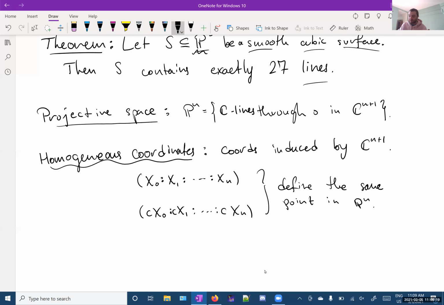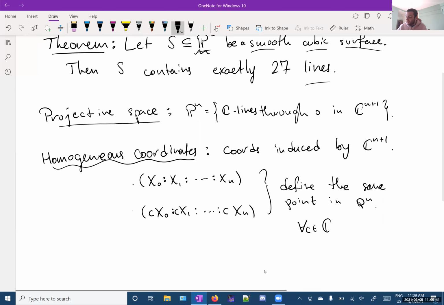If I consider these as just n+1 tuples, so actual vectors in Cn+1, then these two things lie on the same line for all c in C. They lie on the same line, and so when you go down to projective space, they actually define the same point, right? So these are what our coordinates look like, okay?